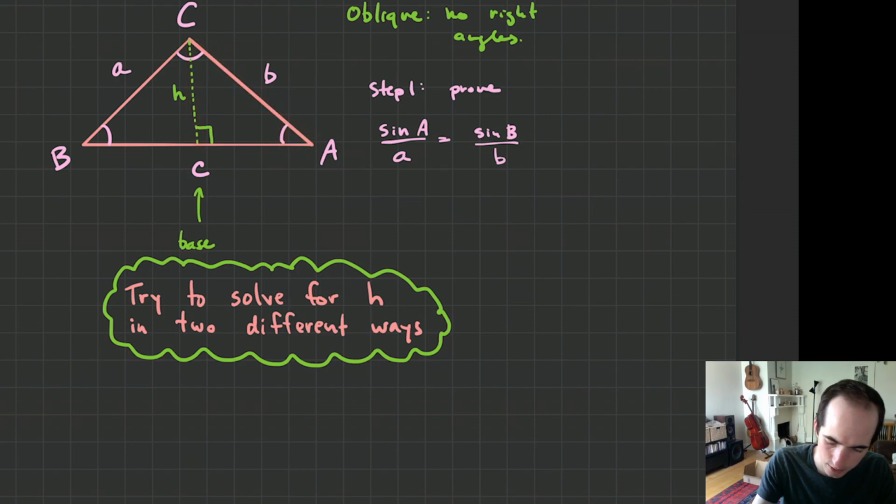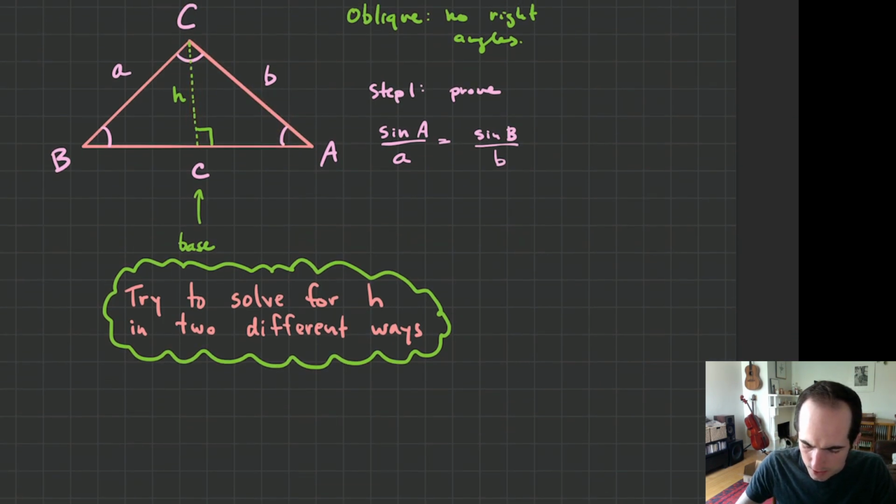So let's see what I can do. I could say that sine of A is equal to, well, that's opposite over hypotenuse. Don't be confused with the h. h doesn't always mean hypotenuse. h in this case is height. So I've got sine of A is opposite over hypotenuse, so h over b.